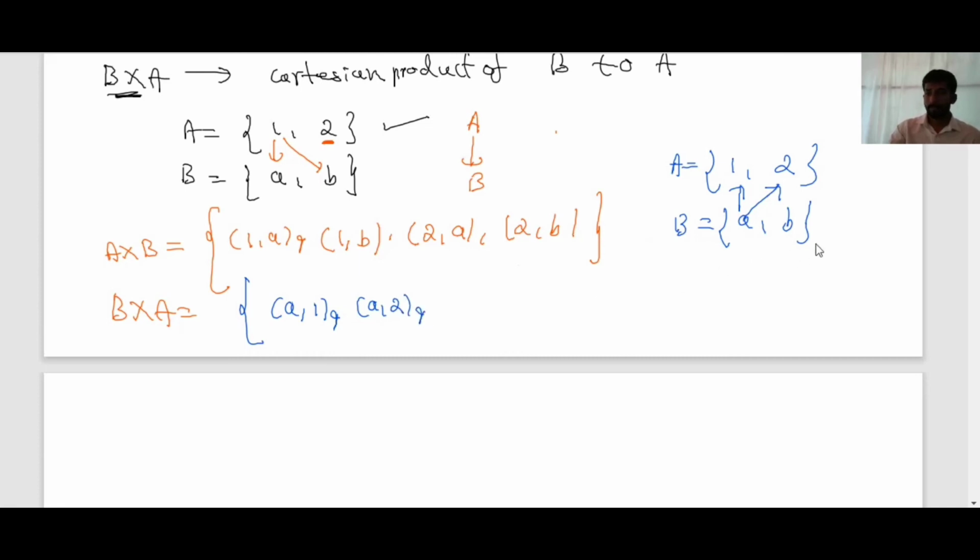Now see, one more element here you can see, right? b is there. Combine b with the elements of A. b to the first element, you will get (b, 1), and the next, b to the second element, you will get (b, 2). These are the possible ordered pairs from B to A. Therefore, A cross B is this much and B cross A is this much. Clear?